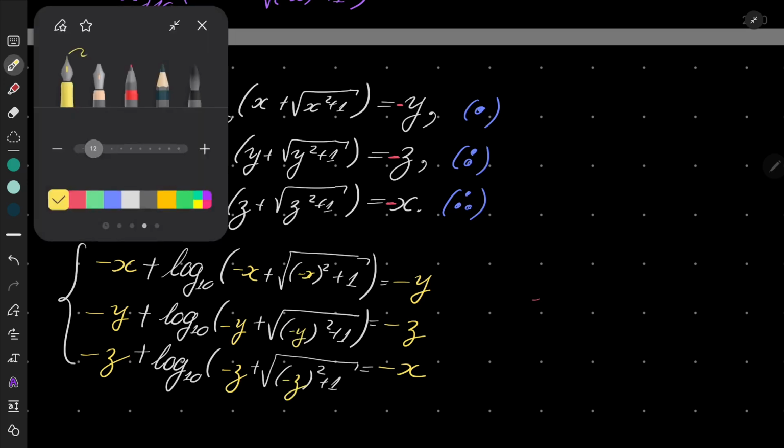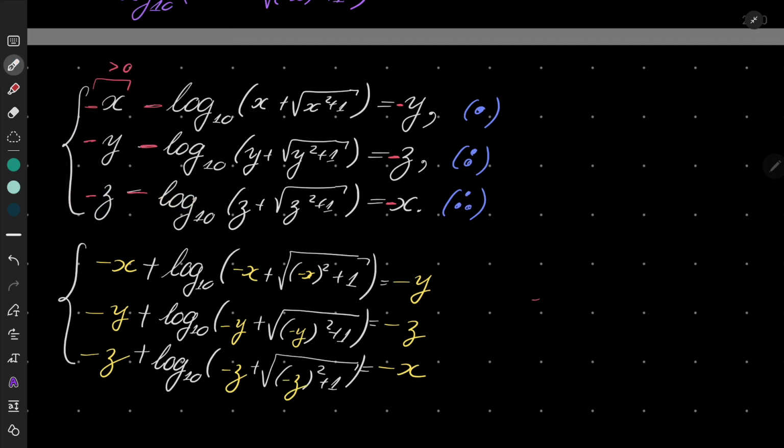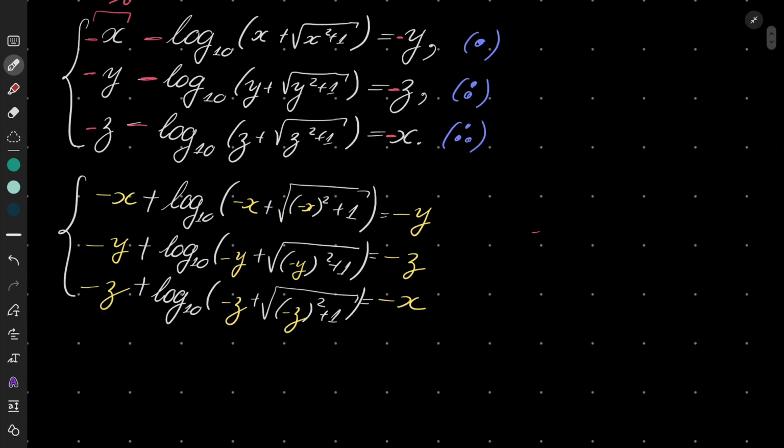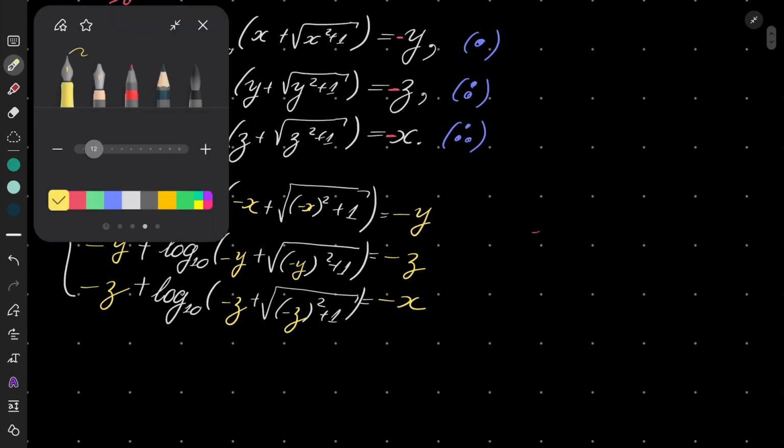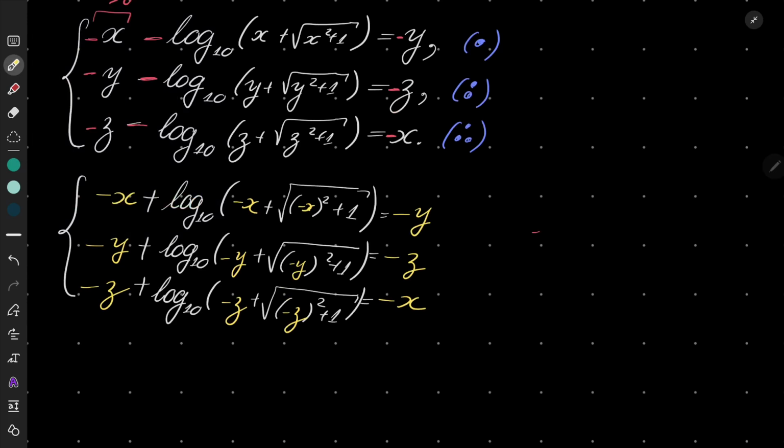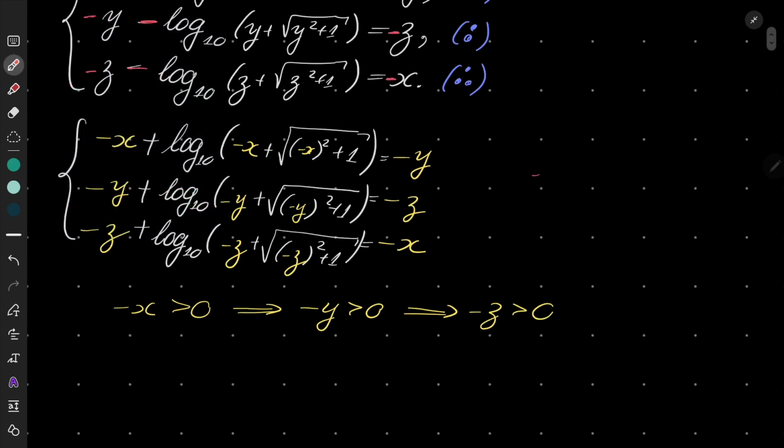Okay, and let's notice that we have exactly the same system of equations, but with every variable negated. And again, we can play the very same game. Since minus x is positive, minus y must also be positive, and that means that minus z is also positive. And again, we have no solutions. We have exactly the same situation after adding our equations together. Another contradiction.